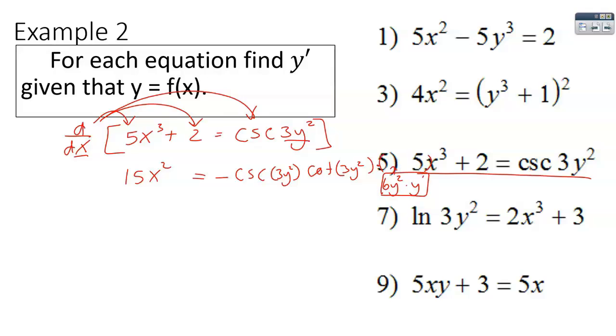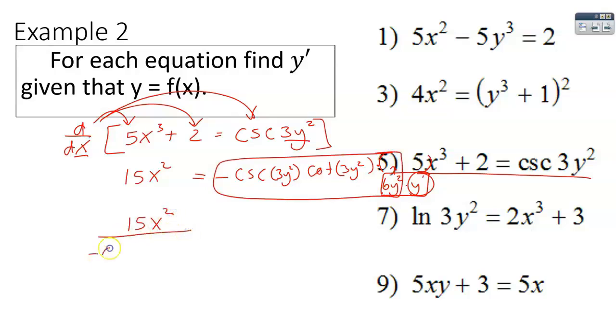So. Now what I want to do is I want to get this y prime by itself. So I'm going to divide everything on this side to the other side. So that's going to look like this. And the 6y squared, I think I'm going to put that in the front with the negative like that.